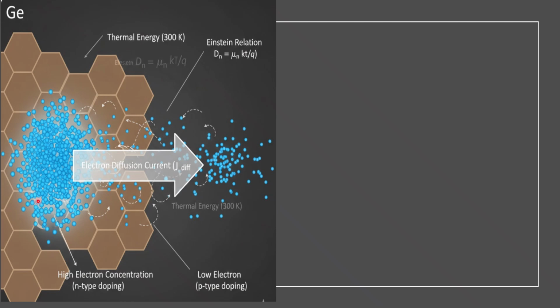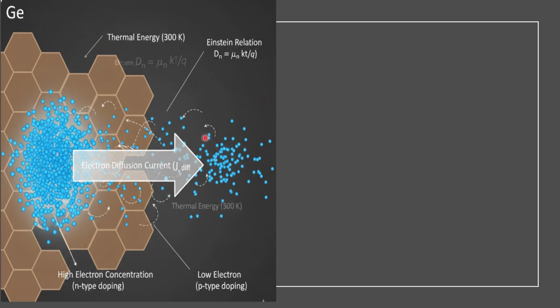Since more free electrons are here, due to the concentration gradient, electrons will start to move from higher density to lower density. Once the electrons start to flow, automatically your current will start to flow in the reverse direction.